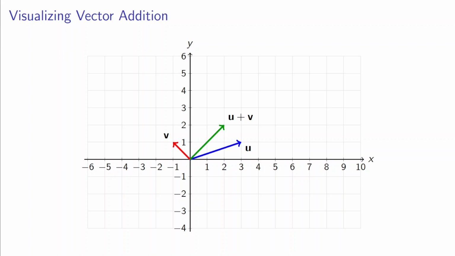If we looked at u plus v, if we did the arithmetic, we'd get the vector (2, 2), and here it is drawn. On its surface, it doesn't appear to be too connected with u and v immediately, but if we were to draw in this parallelogram here, then we can see maybe a connection starting to form.